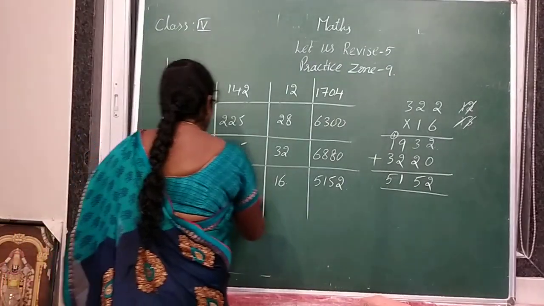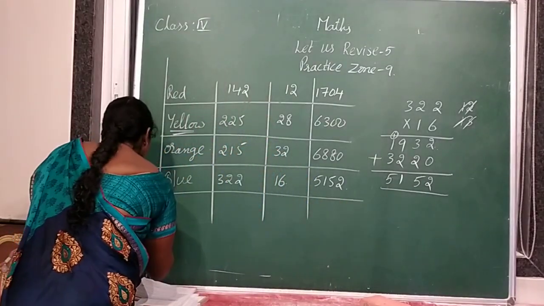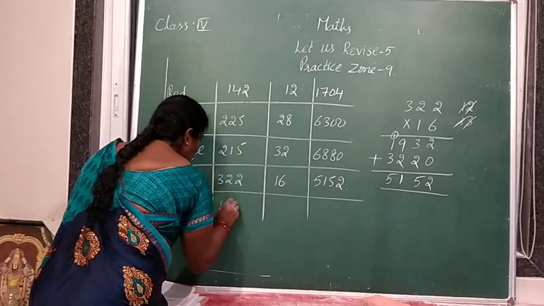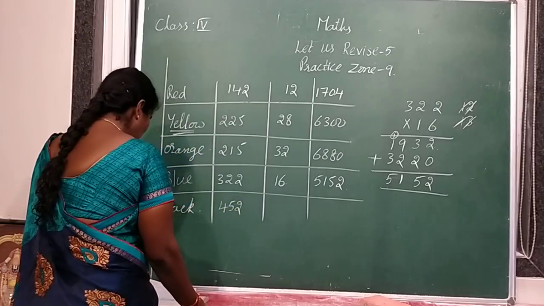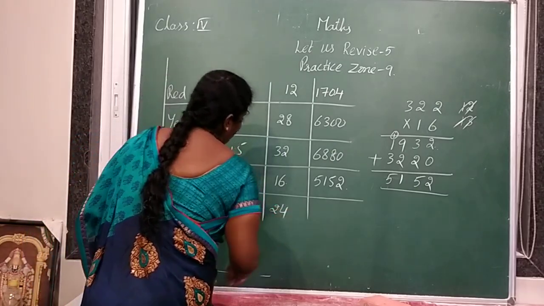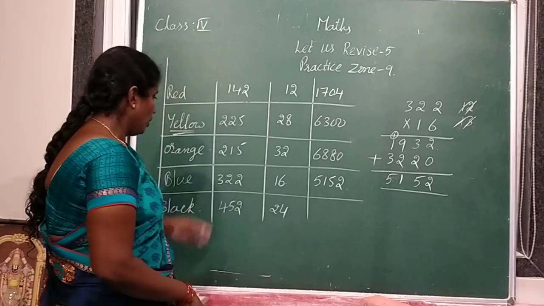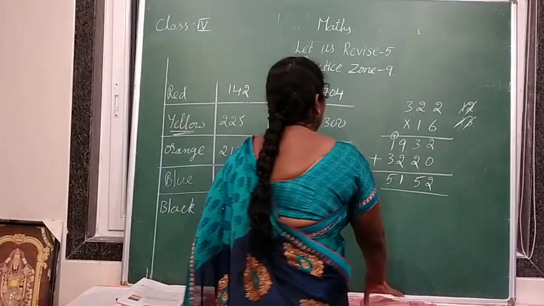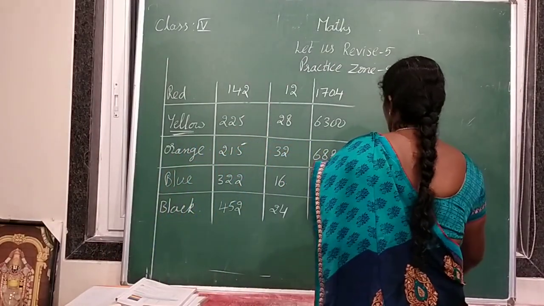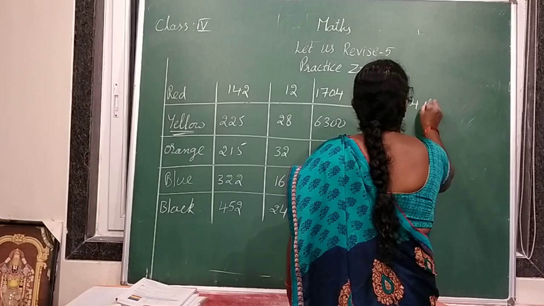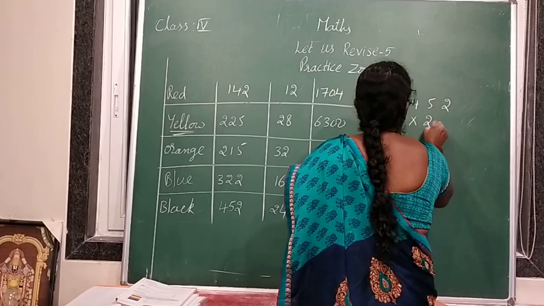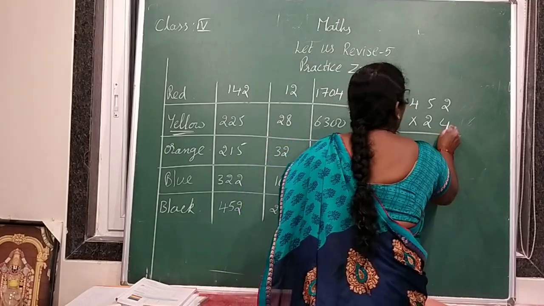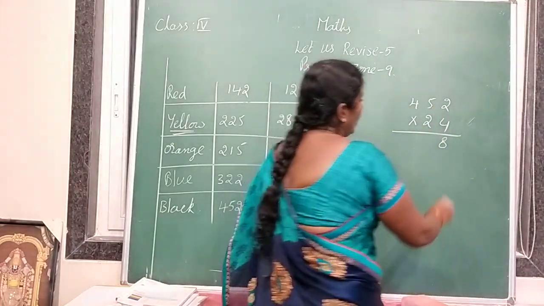And the last color is black. Here 452 black color boxes are there. In each box 24 pencils are there. Then how many pencils are there? 452 into 24. 4 twos are 8. 4 fives are 20.